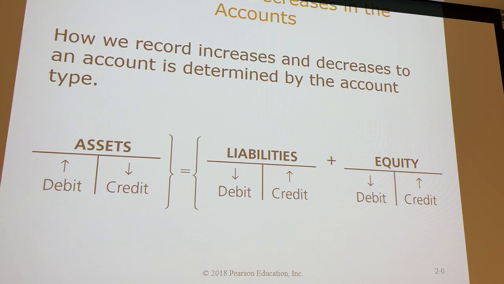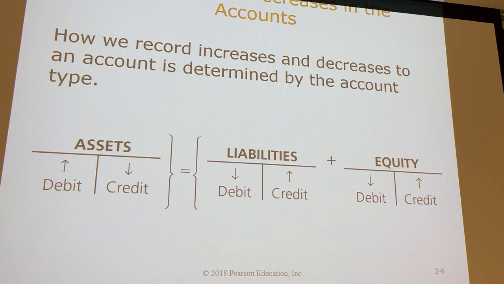If it's an asset account, an increase in the account would be shown with a debit on the left side. If it's a decrease in an asset account, that would be shown with a credit on the right side. If it's a liability account or an equity account, then the rules are the opposite.